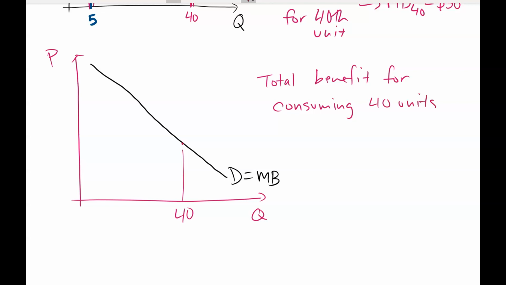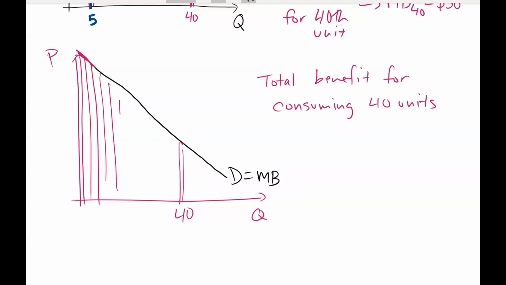So we're going to have the benefit of the first person, the second person and the third person. They're all getting some benefit. And eventually we get all the way to the 40th person, who gets some benefit. If we add all these up, it's just going to be this whole area.